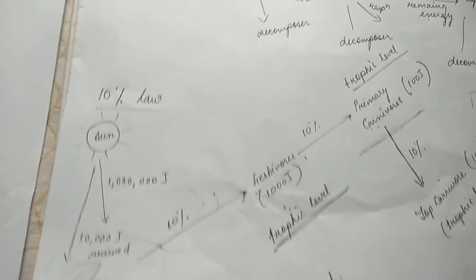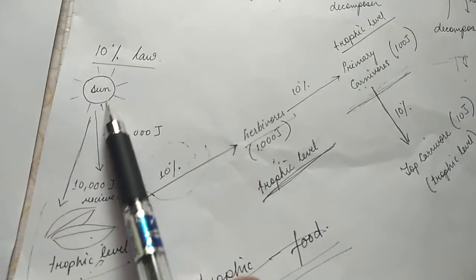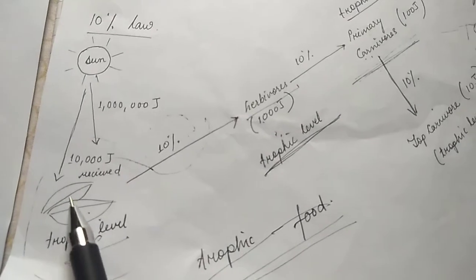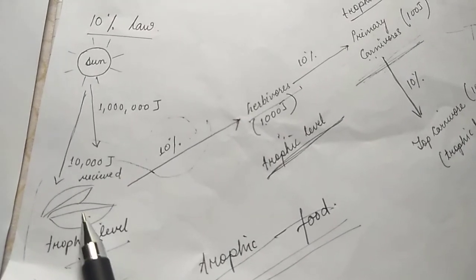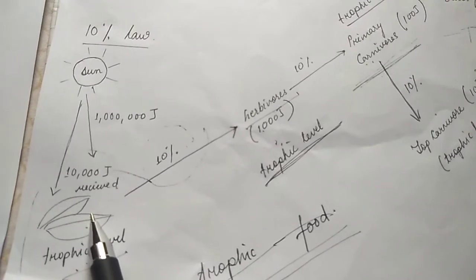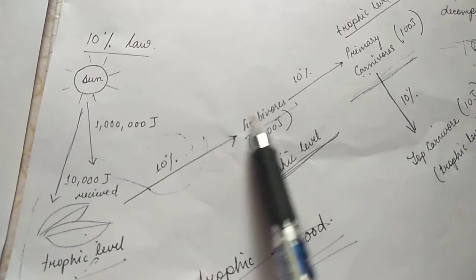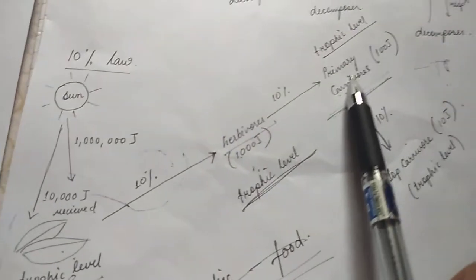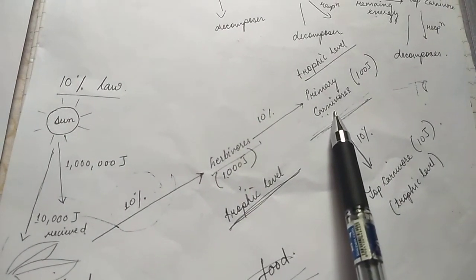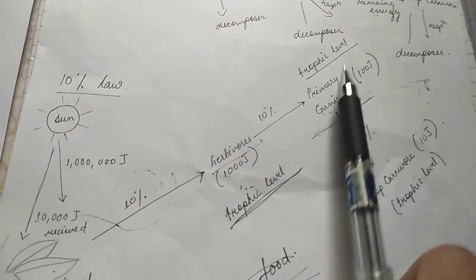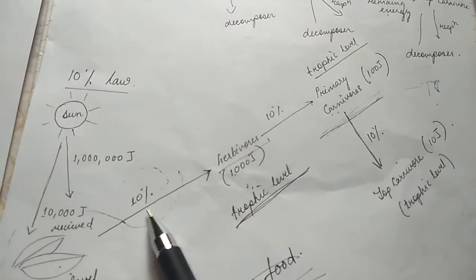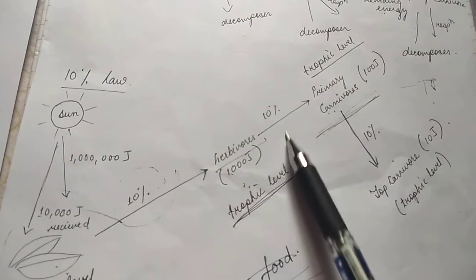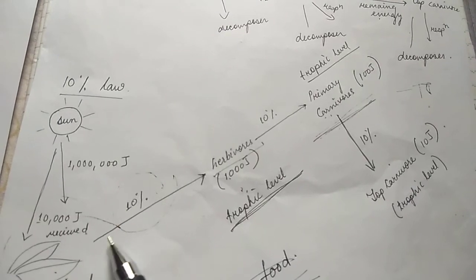Of the sun's radiant energy, only 1% is utilized by the plant. 10% is received by the herbivores, 10% is received by the carnivores, and the next 10% is received by the top carnivores. So this is known as the 10% law.